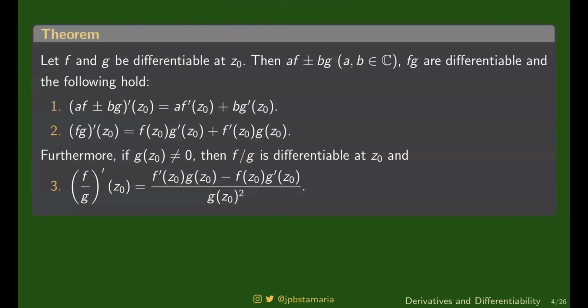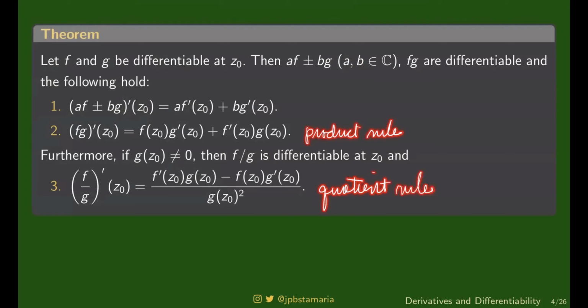The following rules for differentiation will still hold. Ito yung derivative ng sum of the derivatives. Kapag may constant, the constant will just go out. The product rule, ang tawag nyo dito, product rule. Ito naman ang tawag nyo dito, quotient rule. All of these things will still hold.